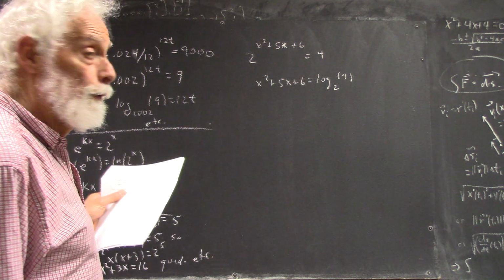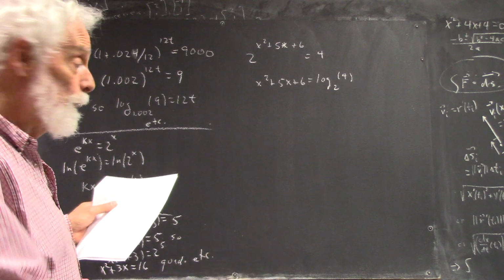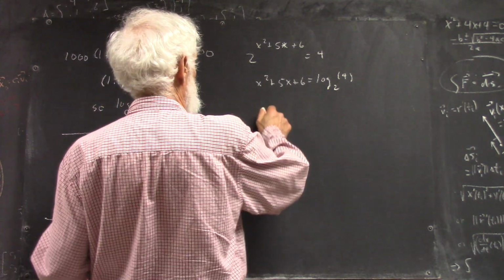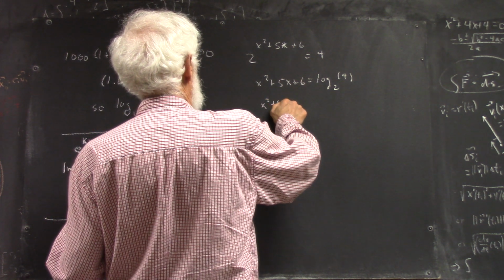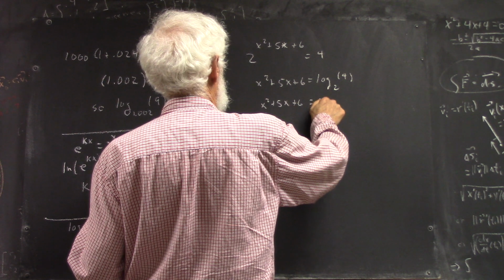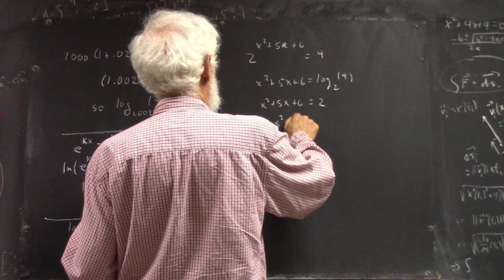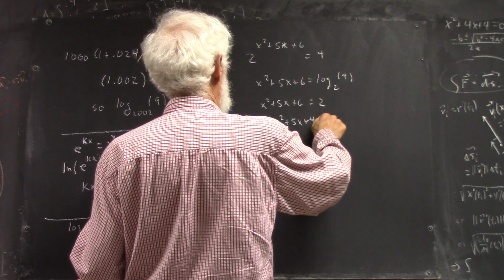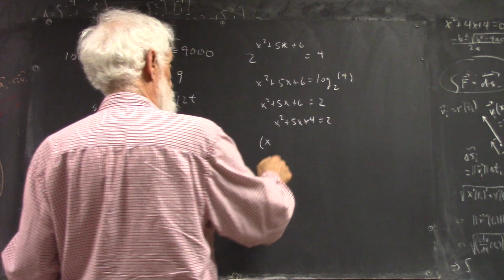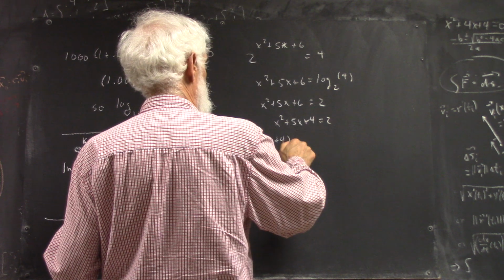Now log base 2 of 4 is 2, since 2 squared is 4. That means you could use your calculator if you had to. This gives you x squared plus 5x plus 6 equals 2. So x squared plus 5x plus 4 equals 0. This one you can actually factor, but if you don't see it, you could use the quadratic formula.